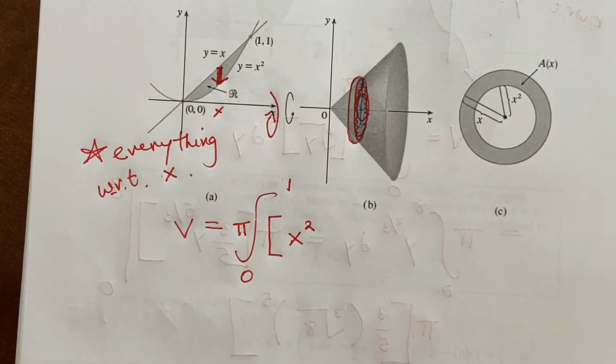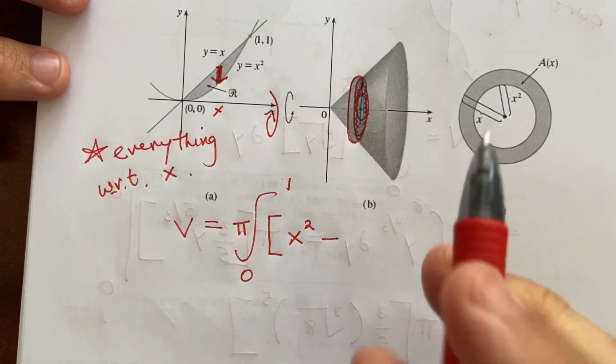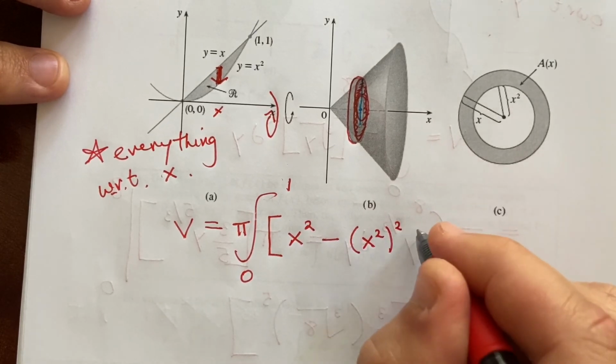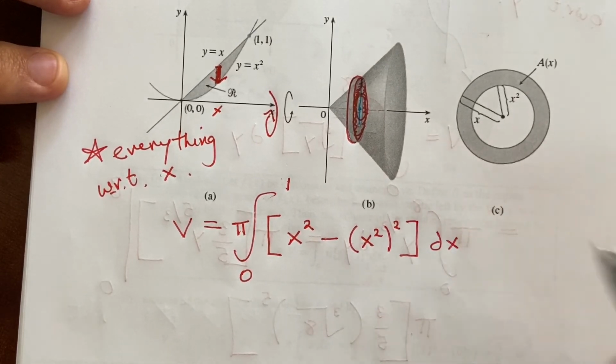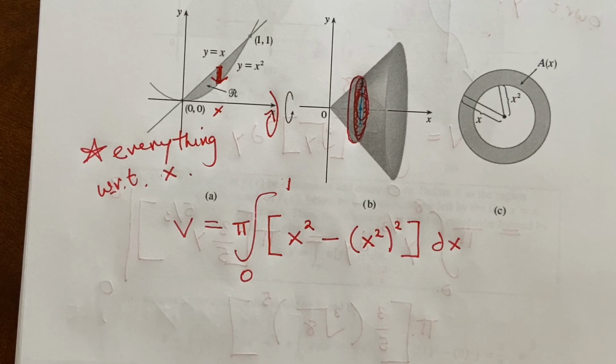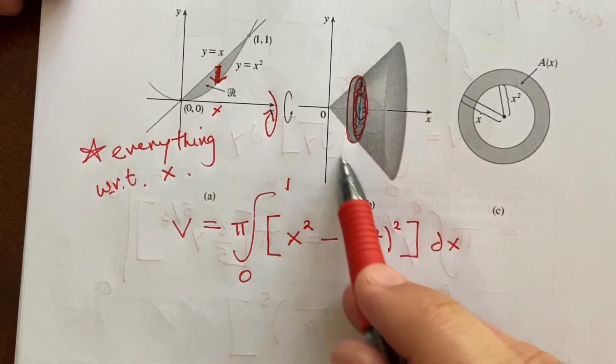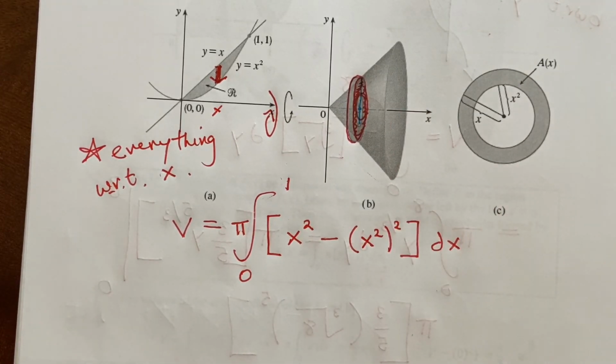So there's that upper function squared, and then minus this lower function squared. So x squared squared. We have dx, right? And this would be defining the volume of this kind of strange conical solid.